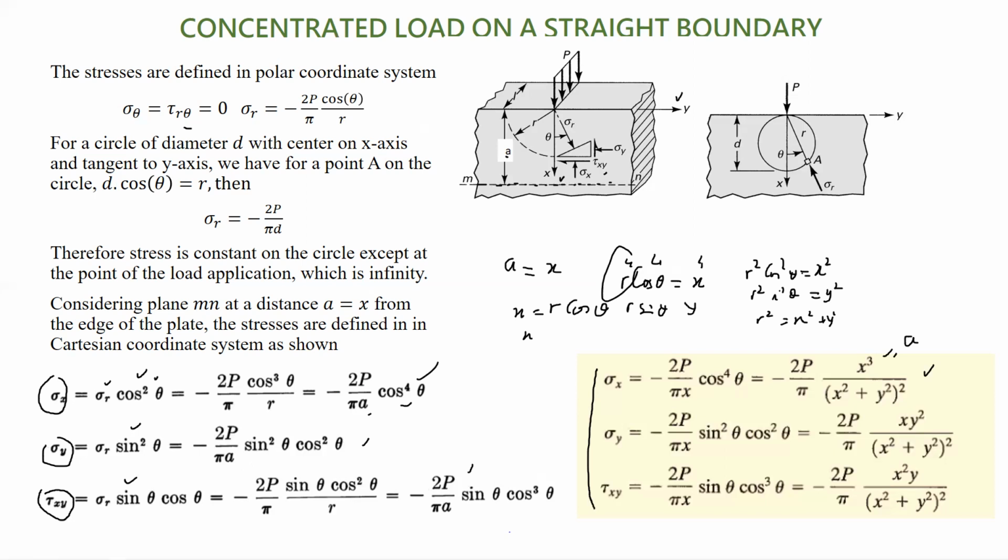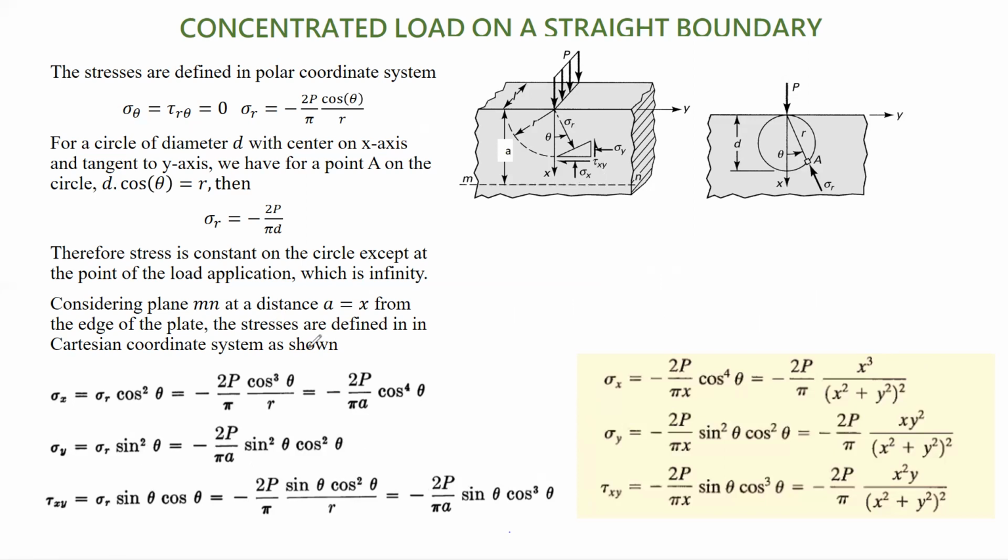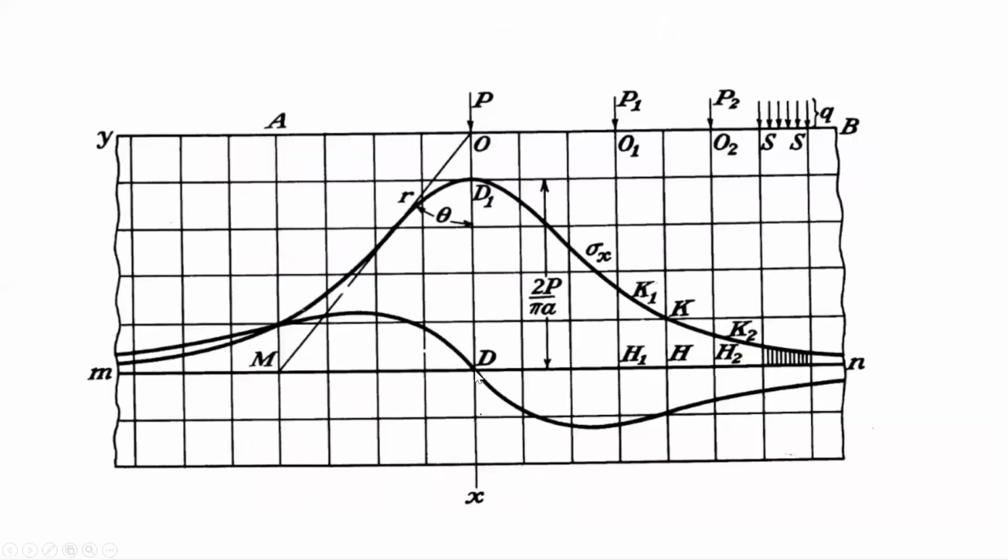To better realize the variation, probably the best is to get the graph of the stress variation along the line MN. You can see at the depth d here, the maximum stress as we would expect it at this location.